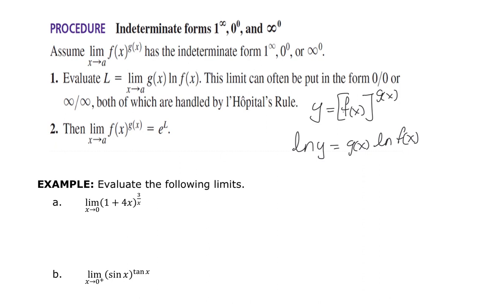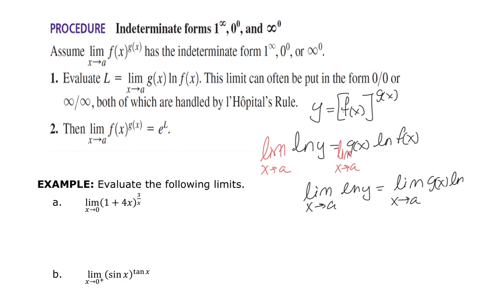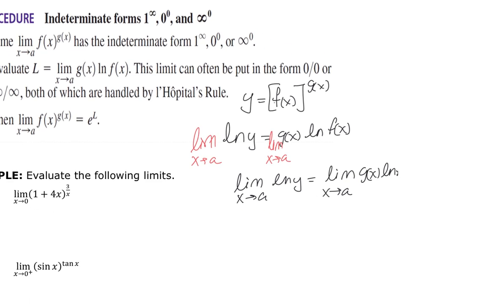So then if I take the limit of both sides, the limit as x approaches a, then I'm going to have the limit as x approaches a of the natural log of y is equal to the limit as x approaches a of g of x multiplied by the natural log of f of x.